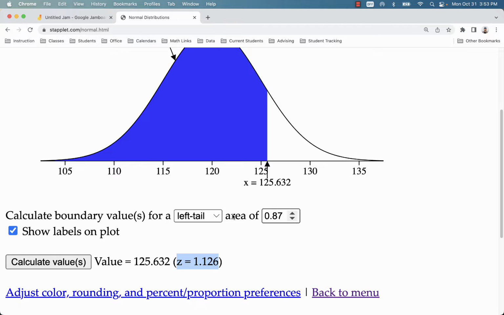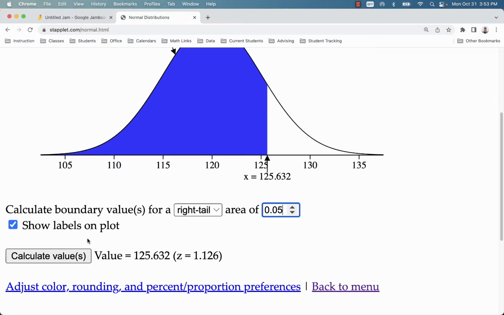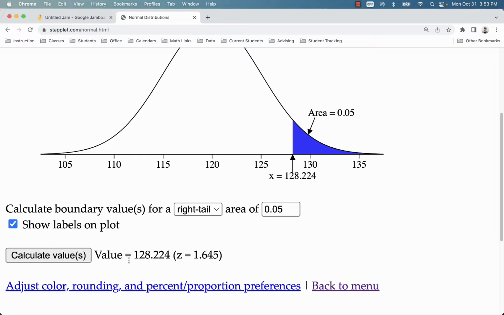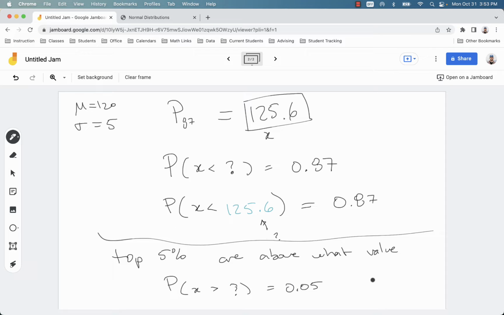We come back here, we change it to a right tail, 0.05. And that would be 128.2 for that top 5%. That would be an x value.